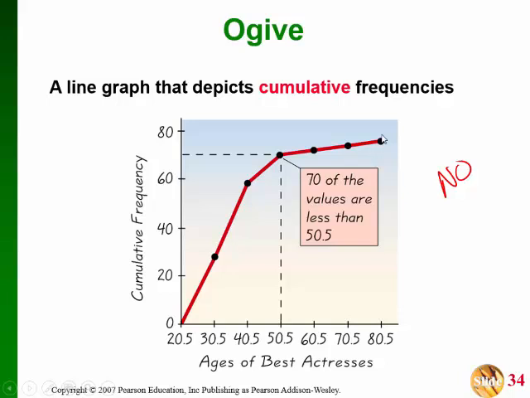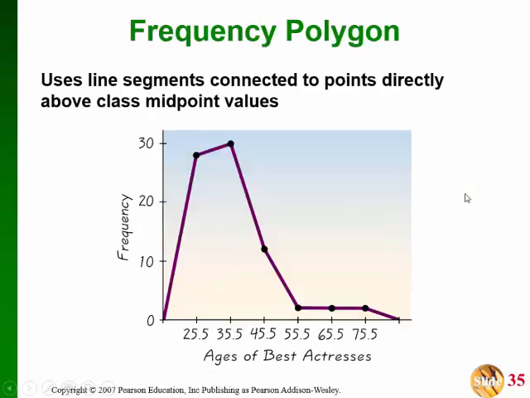Pareto chart. This is really a bar graph where you have categorical data, qualitative data. For our sake, I won't be focusing on this. A pie chart would be like a bar graph, again, with qualitative data, or it could be the classes, the quantitative data, but usually when you put it in a pie chart, it means it's nominal, it's categorical, it's not going to be put in order, so no big deal.